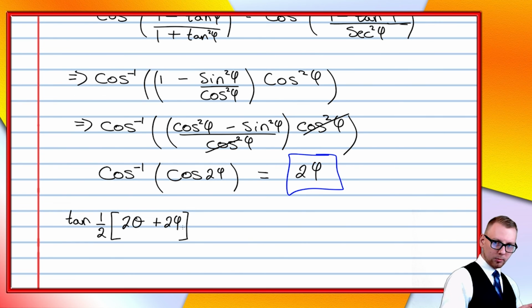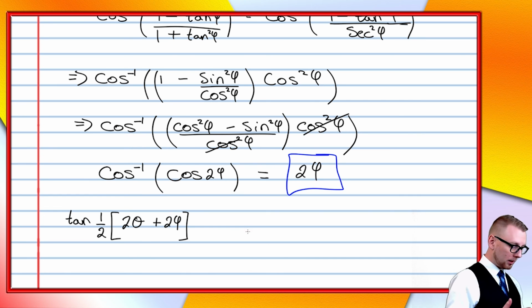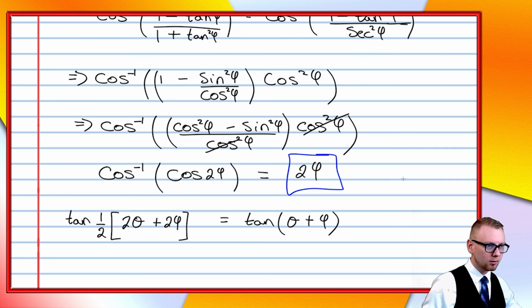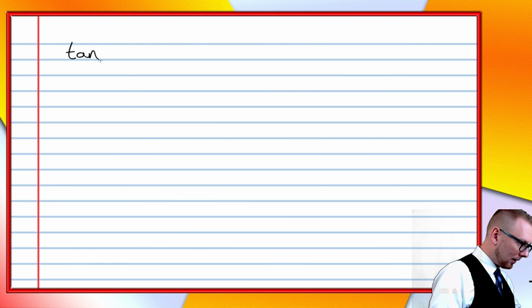Okay. So we've got this 2 theta plus 2 phi. We can take out the 2's. They'll cancel out. So this will give us tan of theta plus phi. This is glorious.